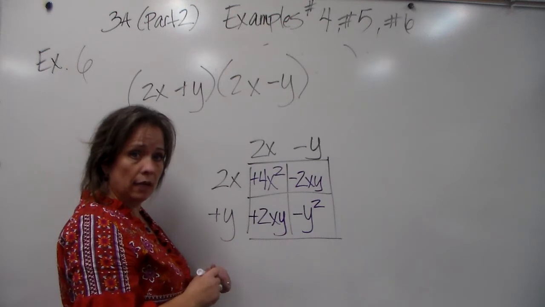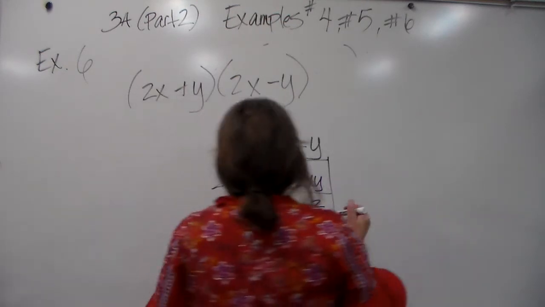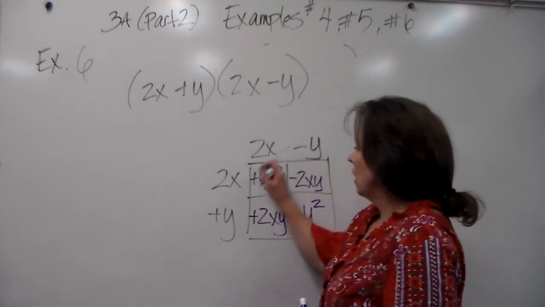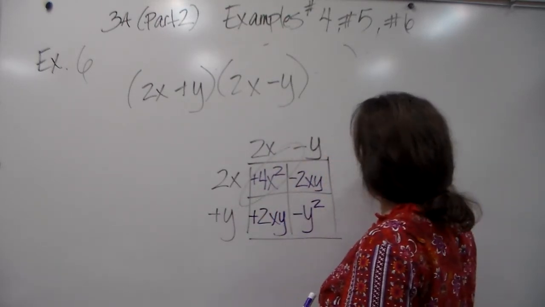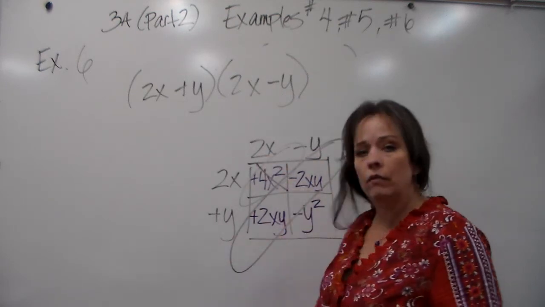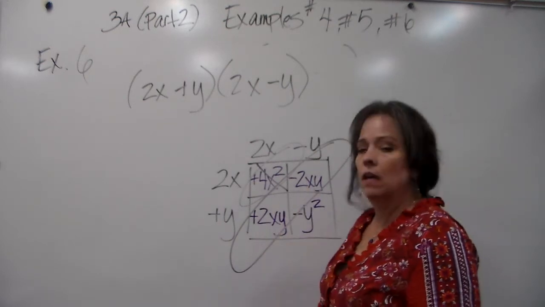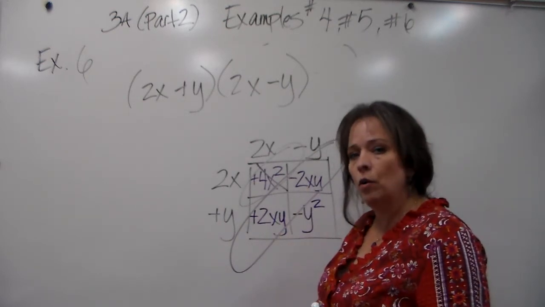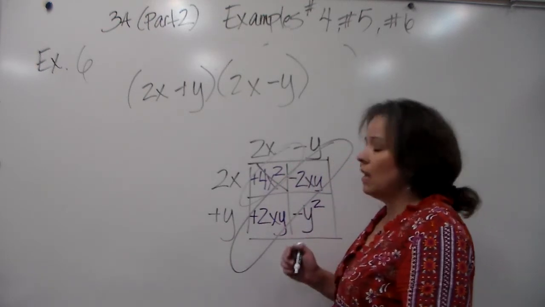Now we're going to combine like terms. Okay, we're done multiplying. We're in our combine like terms. Our x squared term will give us that 4x squared. And here we've got a new kind of term, an xy term. But since it's the exact same term, different signs, when we add it together, they'll cancel.